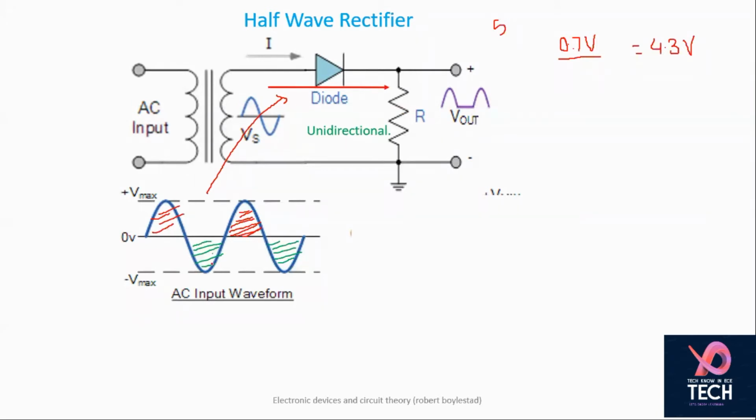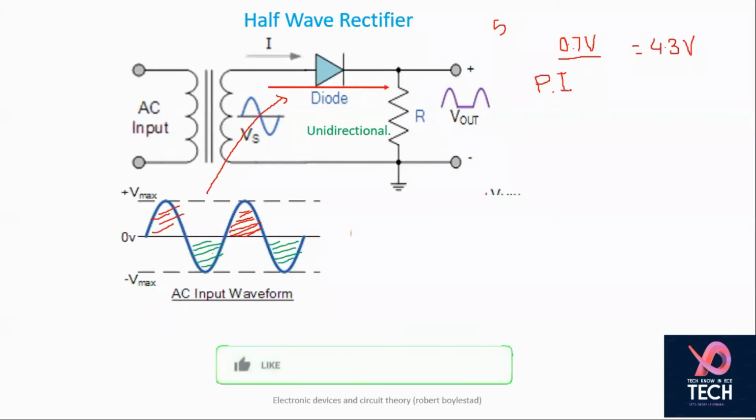Now when the negative cycle is being applied, this is negative, this is 0. So this will be reverse biased, so it does not conduct. In that case, what happens? The entire voltage will be applied across this diode. That particular voltage is called peak inverse voltage.